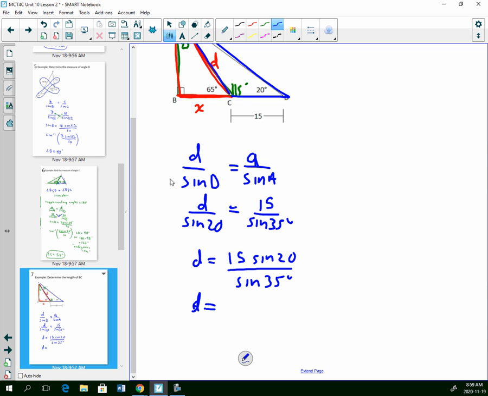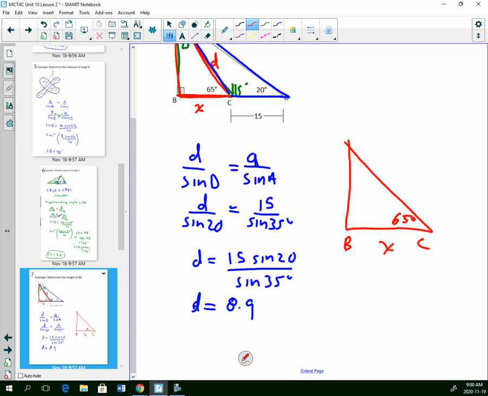So I'm typing in 15 sine 20 divided by sine 35. So that side works out to be 8.9. Once I have that, then I can use this red triangle to find BC, which is what I'm looking for.